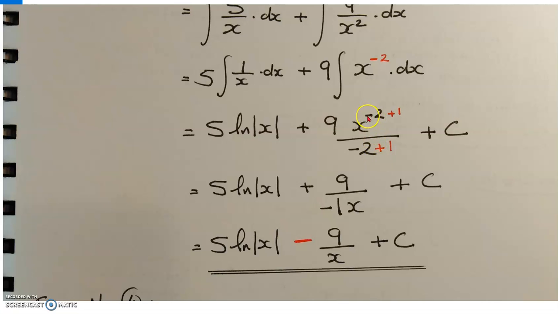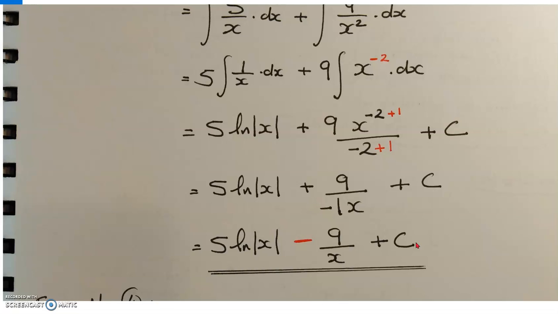The new power comes to x to the power of minus 1, which I can take to the bottom and write x to the power of positive 1. And this minus 1 changes the plus sign to minus. So your final answer is 5 times the natural log of the absolute value of x minus 9 over x plus c.